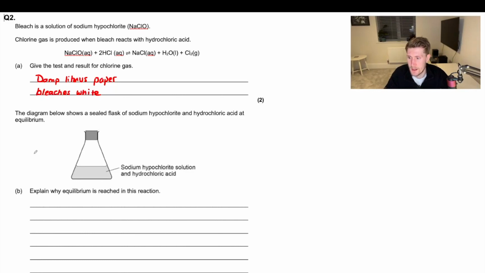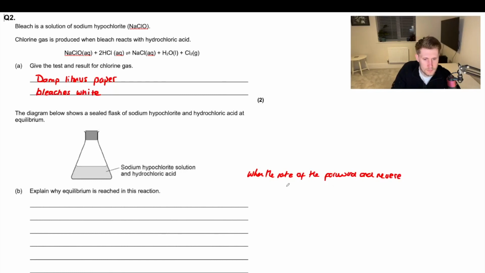Now this next part says the diagram below shows a sealed flask of sodium hypochlorite and hydrochloric acid at equilibria. Explain what equilibrium is reached in this reaction. Now in order to do this question, you need to know the definition of dynamic equilibria. So I'm going to write that here at the side. Dynamic equilibria is when the rate of the forward and reverse reaction are equal.